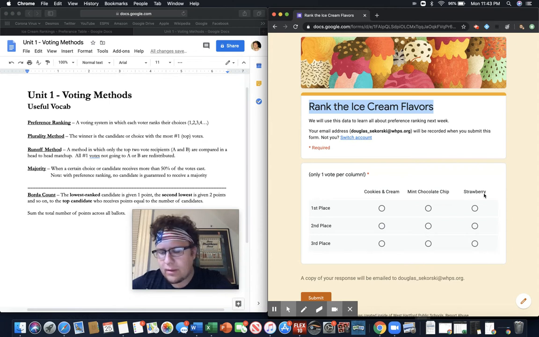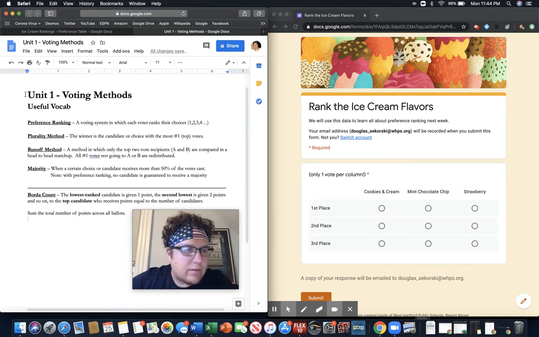So it turns out when you rank your options, you get a lot of different ways to calculate the winner of the vote, as opposed to just a binary vote, meaning one or the other, and you pick this person or you don't. So if you rank, you actually get a lot more ways to analyze the data, and some states are actually considering moving to this type of voting for certain types of elections. So it's kind of interesting.